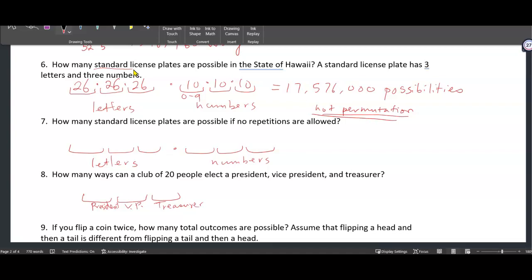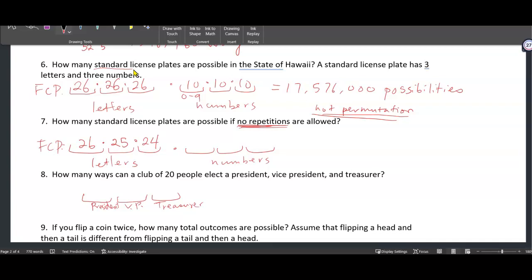Okay. So number 7 is the same problem, and if they say no repetition, or that choices cannot be reused, again, that's what no repetition means, then possibly we can see it as a permutation. So we can see it as the fundamental counting principle too, right, with the permutation. So we start the letters with 26, but because choices cannot be repeated, whatever we chose in the first letter, we cannot use again. So we have 25 left to choose from, and then the next one loses another choice, or 24.